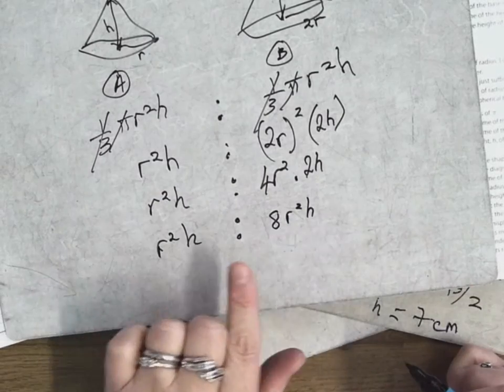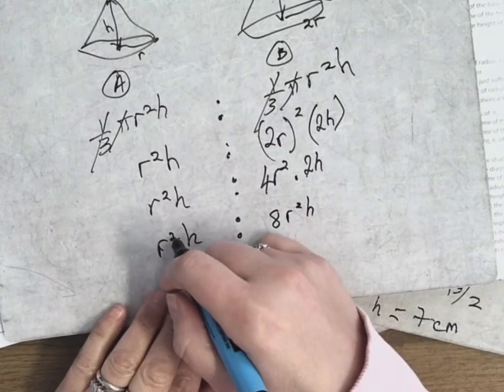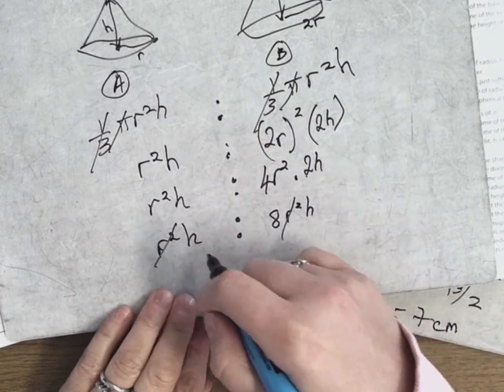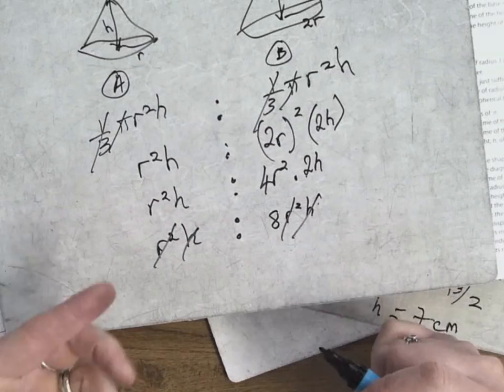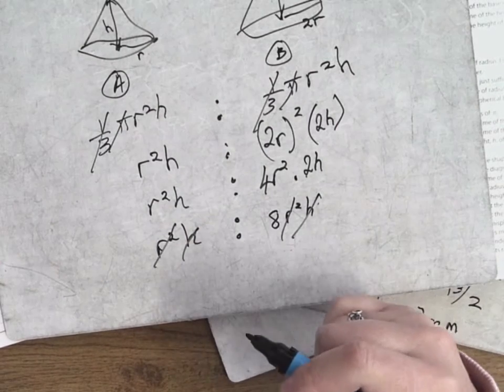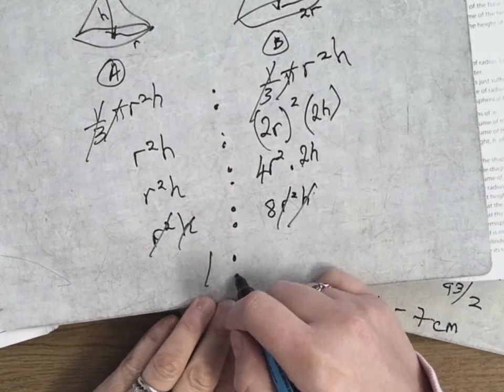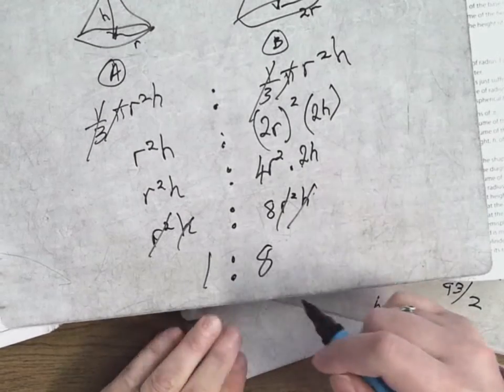Right? Now the r and the h are the same because you filled in that, so I can knock that off and I can knock that off. Now I can't have nothing left over here, so when there's nothing left, what do I put in? 1. There's a 1 understood to be there, so that's 1 is to 8, and that's your answer.